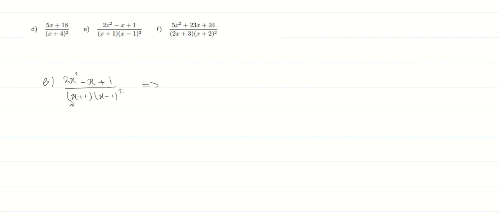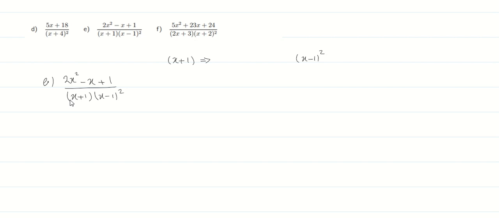Now, looking at the denominator terms, we see that we have an x plus 1 factor, which is a simple linear factor, and we have an x minus 1 squared factor as well, which is a repeated linear factor. Each of these terms gives us different terms in the decomposition.